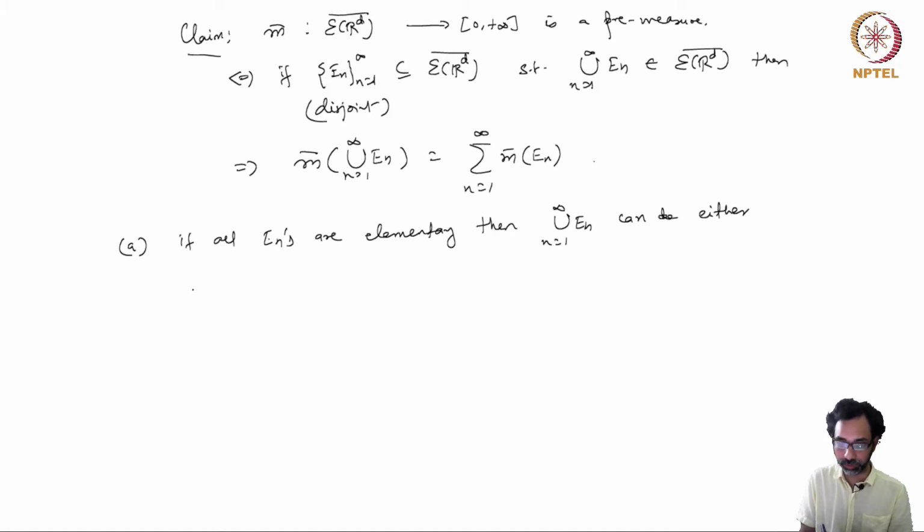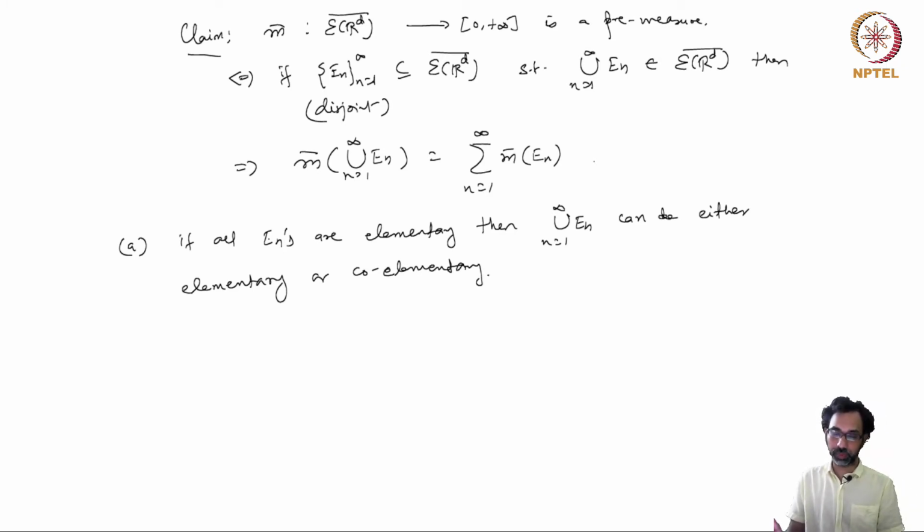So this is an observation: either elementary or co-elementary. So how can we show this? We are just going to give examples.